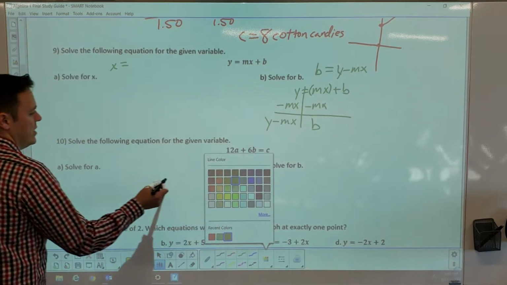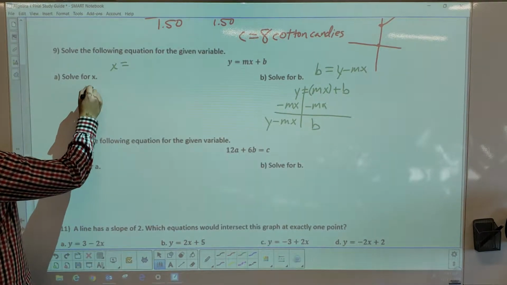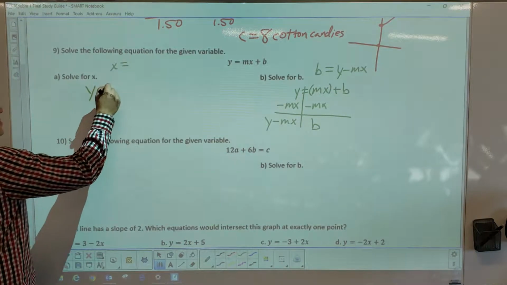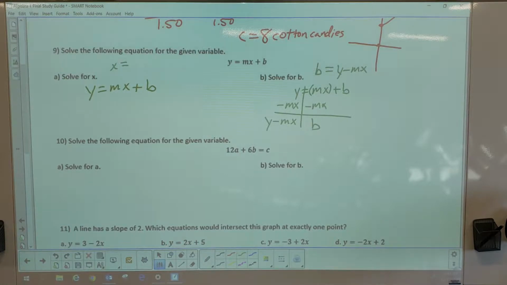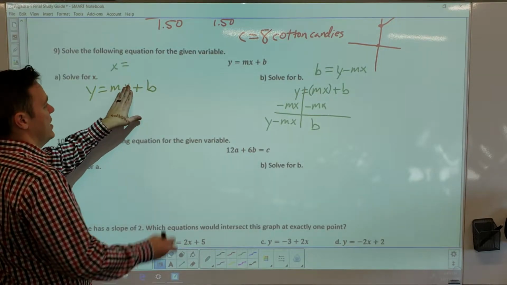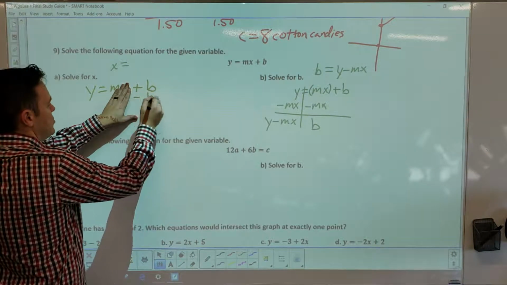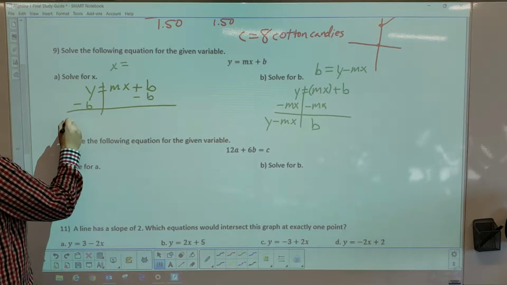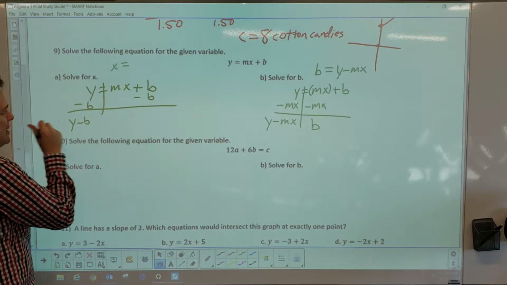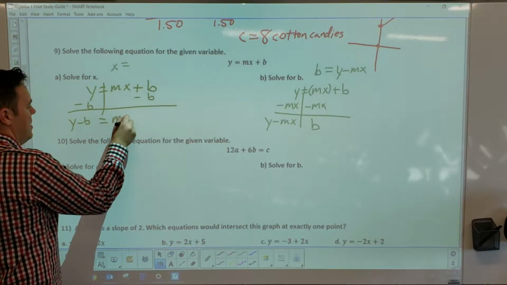Next, on this one over here, I'll use a darker green, a weirder color. All right, y equals mx plus b. Once again, now we're going to solve for x. So we're going to move everything around. The first thing is, subtract the b from both sides. When you subtract the b, you get y minus b equals mx, right?